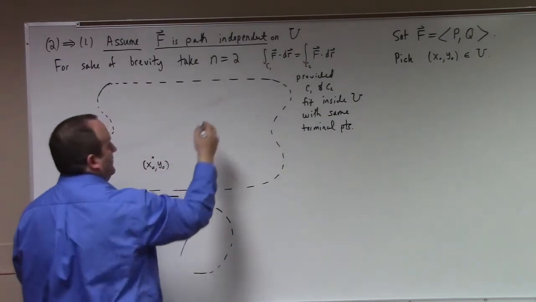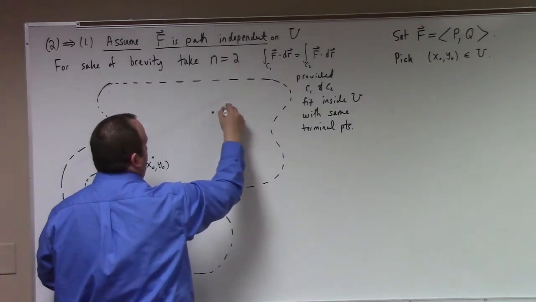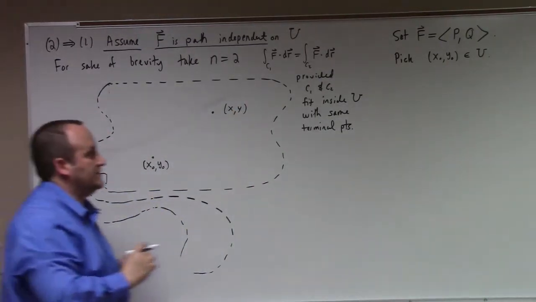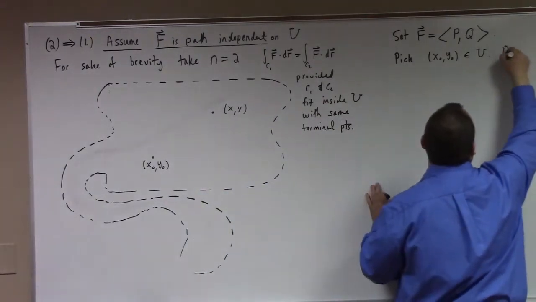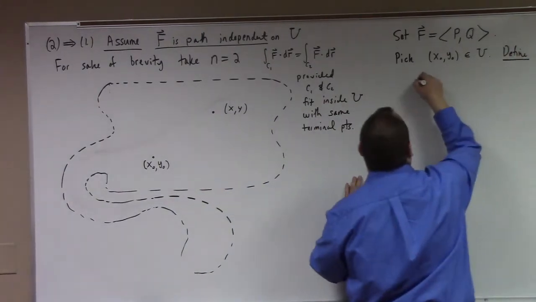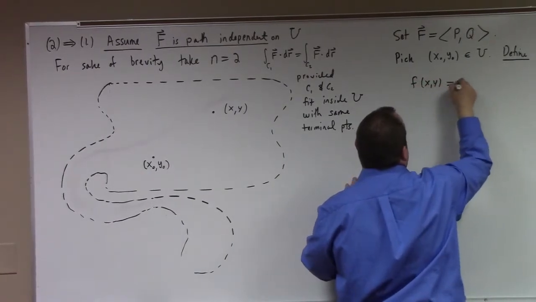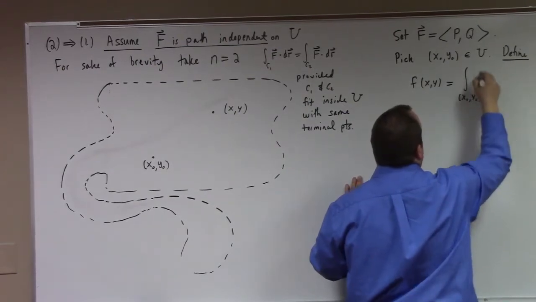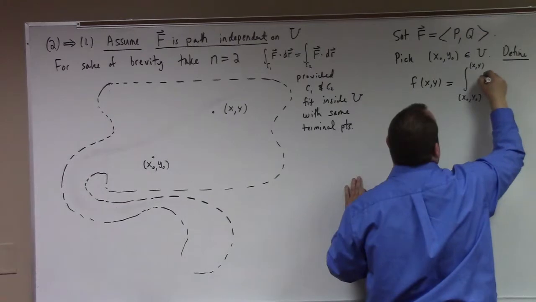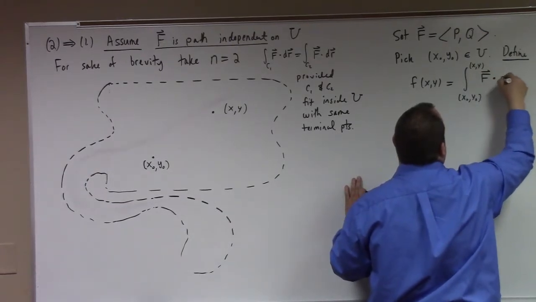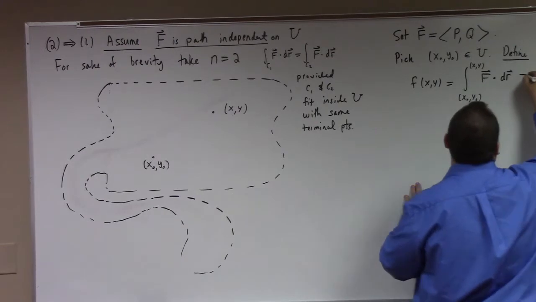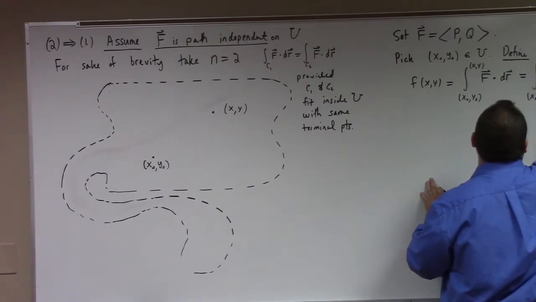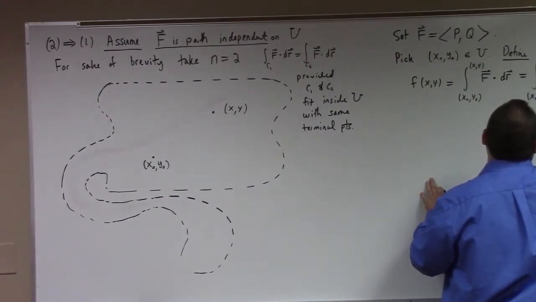And then what I want to do is describe to you over here at x comma y what I'm going to construct. Define little f of x y as being the integral from x naught, y naught to x, y of F dot dr. Or if you like, this is the integral from x naught, y naught to x, y of P dx plus Q dy in the other notation.